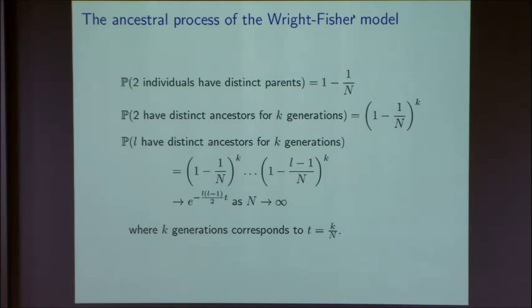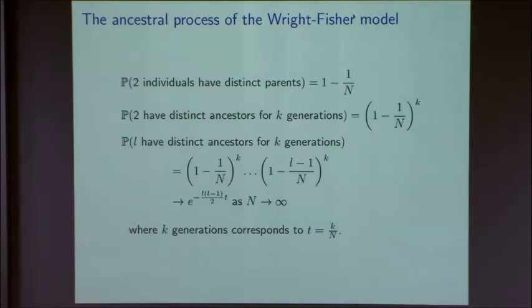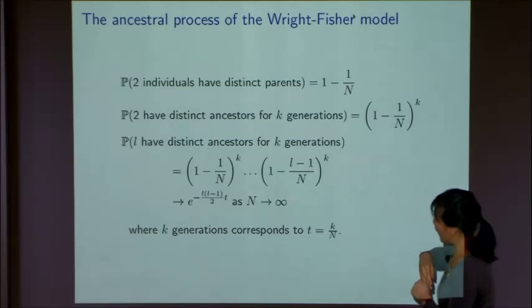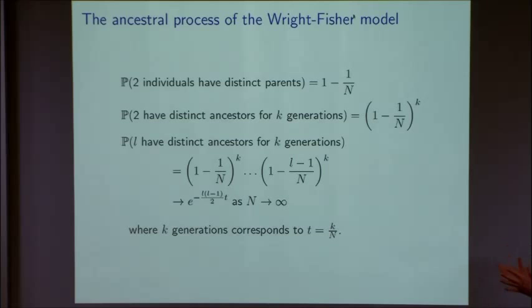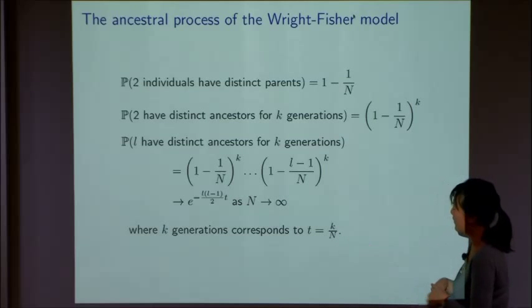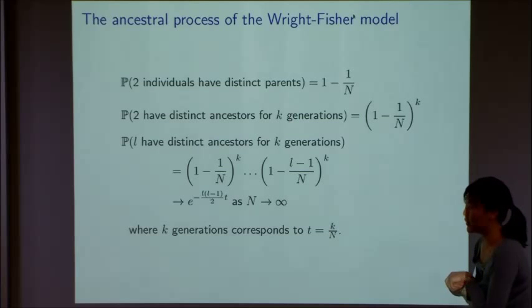I think it was Kingman, who then went on to develop the standard coalescent, who did this sort of calculation and saw that if you take population size n to infinity and you rescale time so that your unit of time is n generations, which means k generations corresponds to k over n, that probability converges to e to the negative L minus 1 over 2 times t.